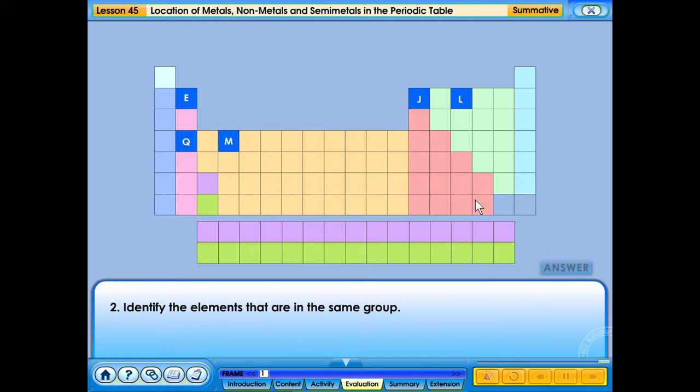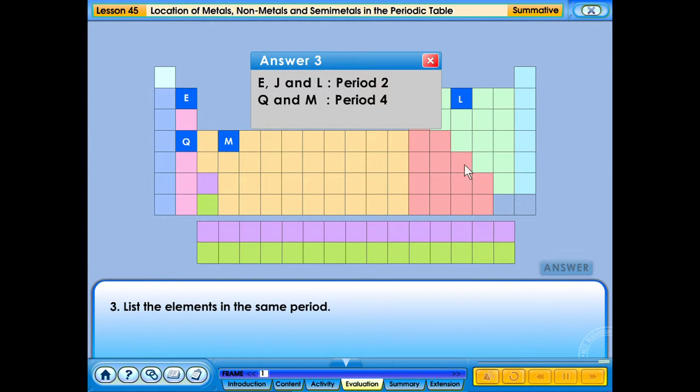Identify the elements that are in the same group. E and Q. List the elements in the same period. E, J, and L, period 2.